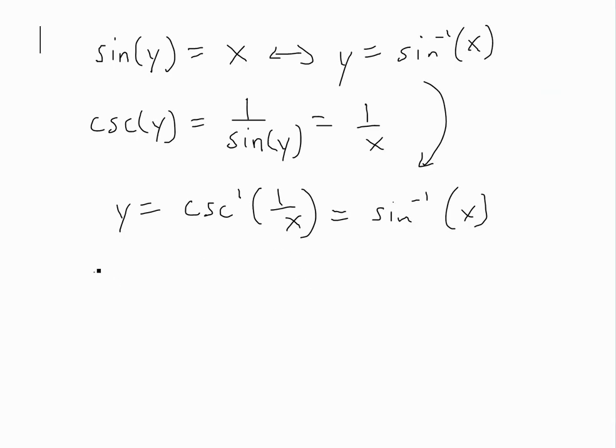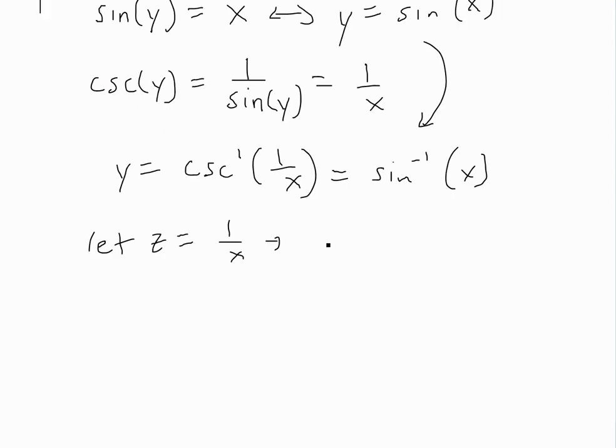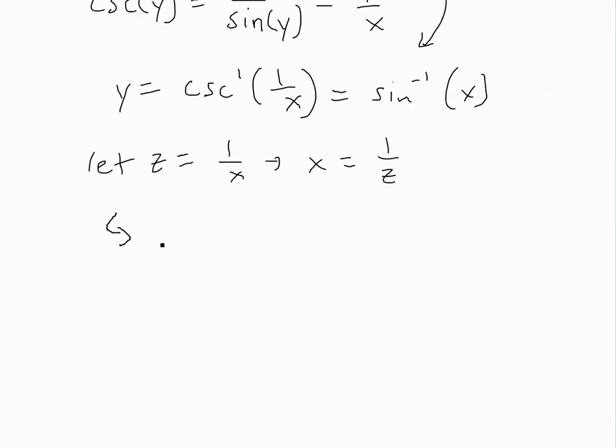For example, if we let z equal 1 over x, then x will equal 1 over z. So we just plug those in, and we get y equals inverse cosecant of z equals inverse sine of 1 over z.